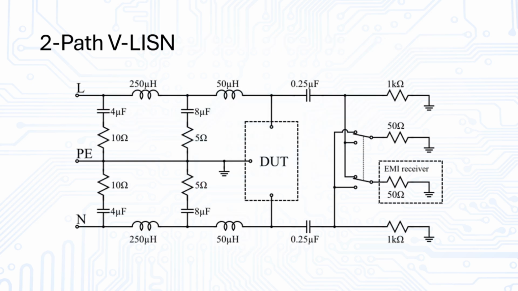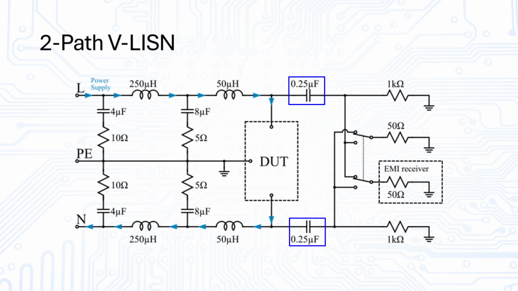Furthermore, it is important to note that there may be differences in the architecture of the LISN depending on the application-relevant standard. Here you can see a so-called two-path V-LISN. This LISN provides a symmetrical load on both power lines of the DUT. The inductors on the left are placed to block high-frequency components, while the resistor and the capacitor between the power lines and ground provide a path to filter out the noise from the respective power supply.